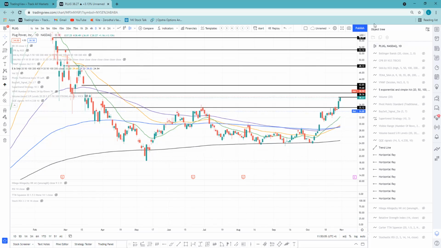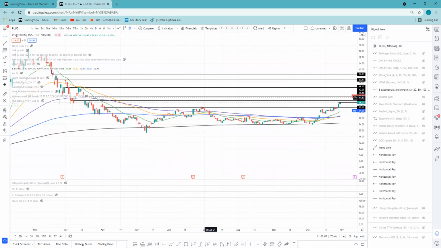For the plug, if you remember, when it was about 56, 57, I was talking about $8 and gave different levels. Another level was 18 or $20. When we give a level, it means the price will react to it and may change the course of its direction at that level, because there is some support and resistance present there.